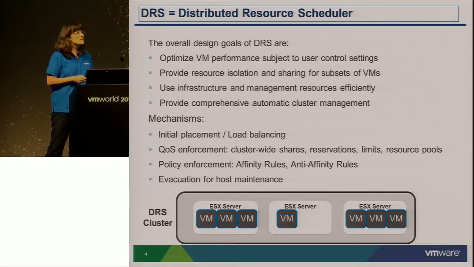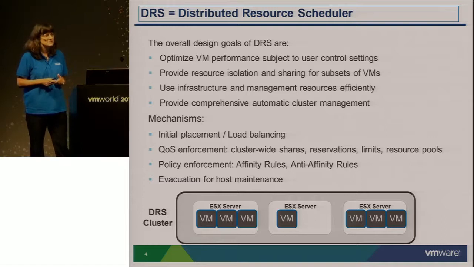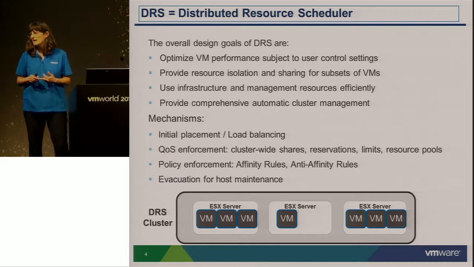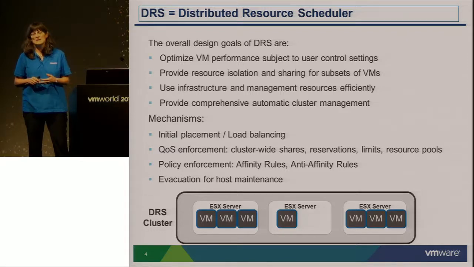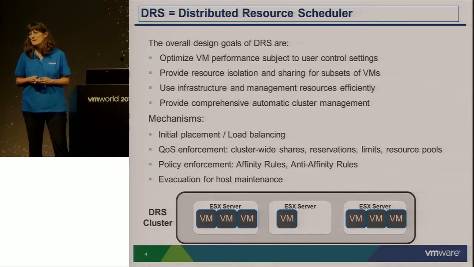Thirdly, to use the infrastructure efficiently, that is, to use the infrastructure as much as possible for running the VMs and as little as possible for the overhead associated with managing those VMs. And the fourth was to provide a comprehensive resource management and cluster system that would handle all sorts of things such as business rules and the maintenance of the infrastructure in a seamless way. So it wouldn't just be about CPU and memory resource management, it would be about all the tasks you need to do when you're managing a set of VMs on a set of hosts.